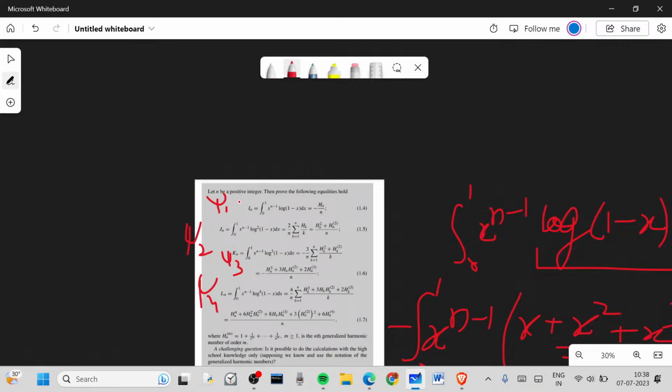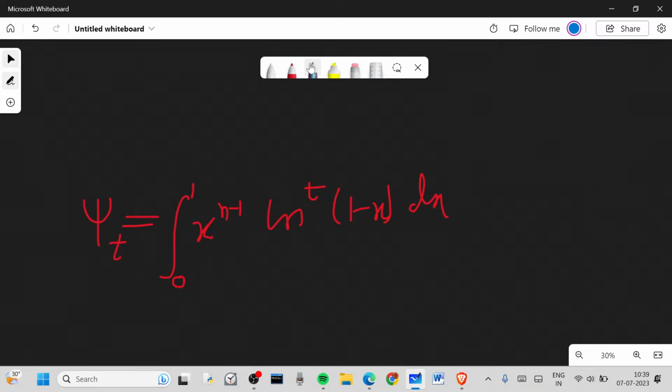And what we have proved is that psi 2 is minus sigma, k from 1 to n, of psi 1 k. So basically we have to define phi 2 in terms of this n, right?